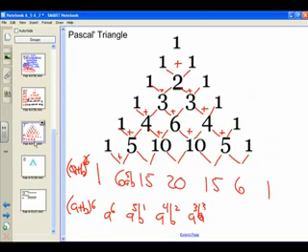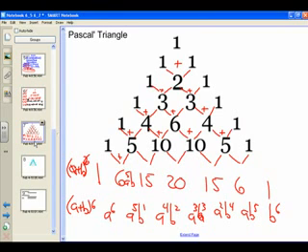A cubed, b cubed. A squared, b to the 4th, a, b to the 5th, b to the 6th. Since you're taking it to the 6th power, the degree, you add up all the variables. 6, 6, 6, 6, 6, 6, and 6.